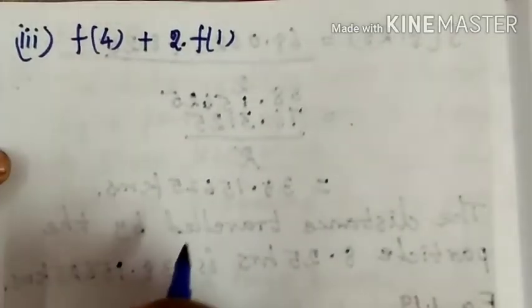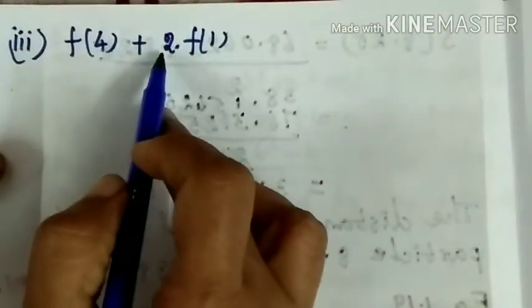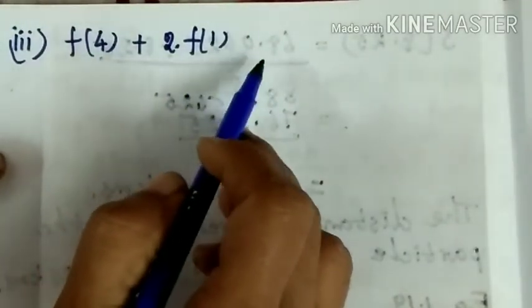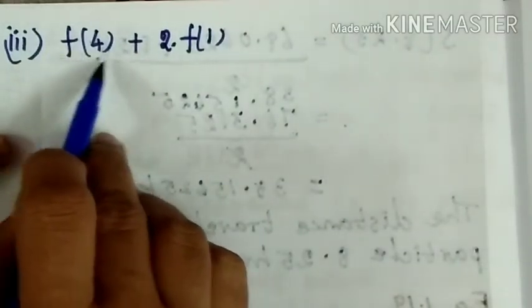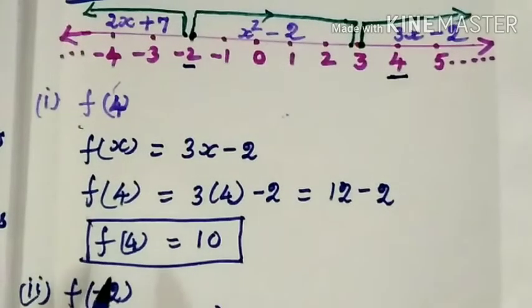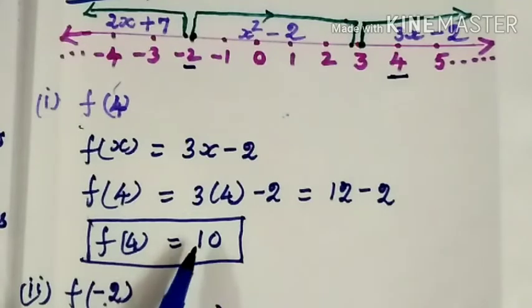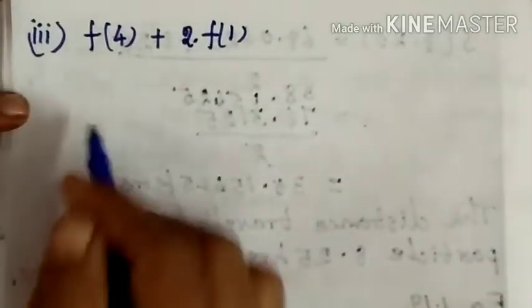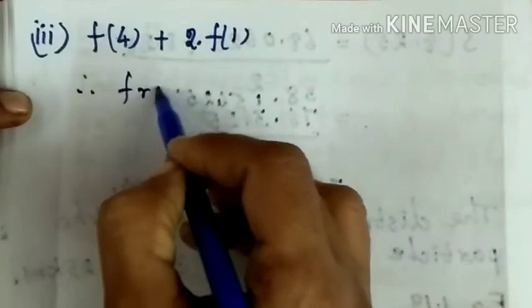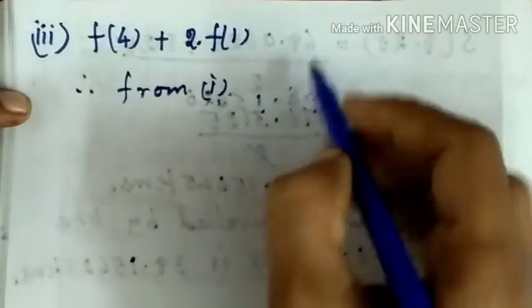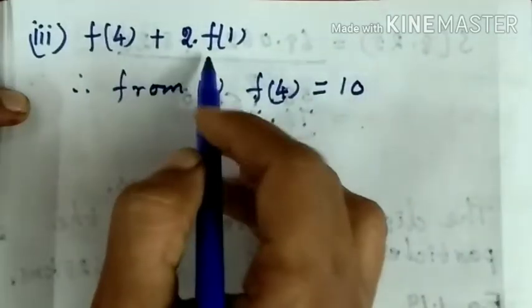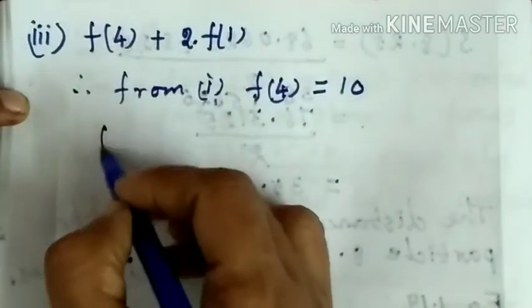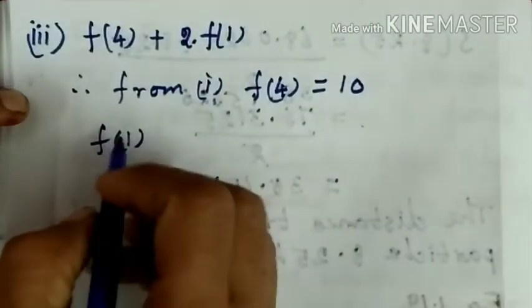Now you come to the third subdivision, f of 4 plus 2 into f of 1. First, f of 4. This value we already found in the first subdivision, f of 4 equal to 10. Then next we have to find the value of f of 1.